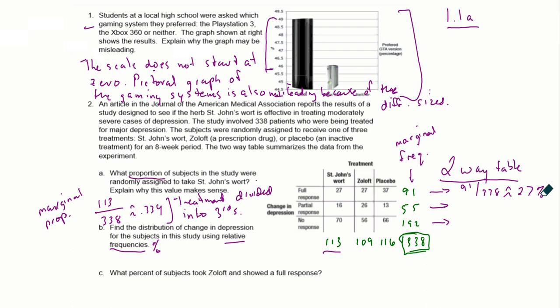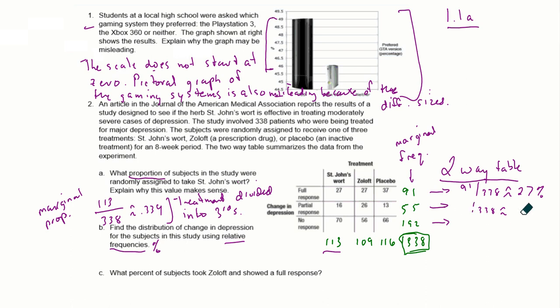The next one we're going to do is take 13 divided by 338, the total. That's going to give us about 0.04. Oh, sorry, I took the wrong one. 55. I looked at the wrong value. I apologize. Hope you caught that.